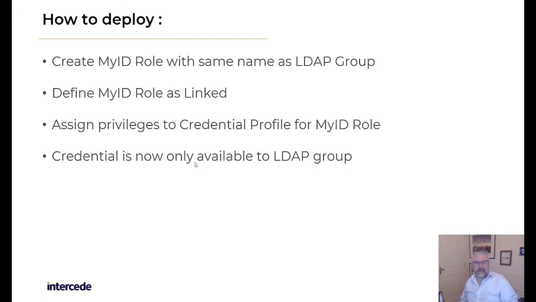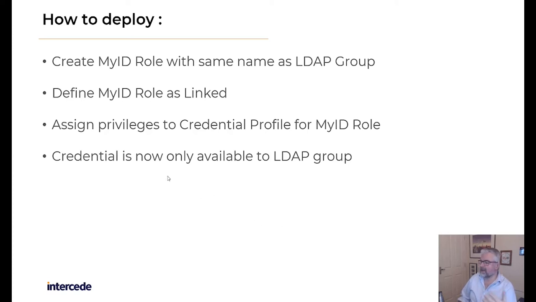The way we're going to do it, I'll just walk you through: we're going to create a MyID role with the same name as the LDAP group. We're going to define that MyID role as linked. That will tell MyID to look at the LDAP group when we're bringing a new user in, and it will then check for that LDAP group membership. If it's there, it will assign that security role on import.